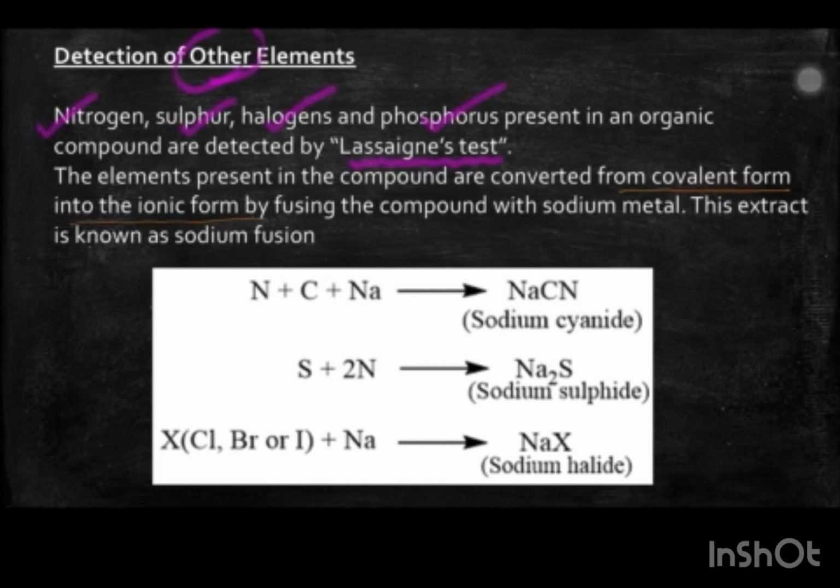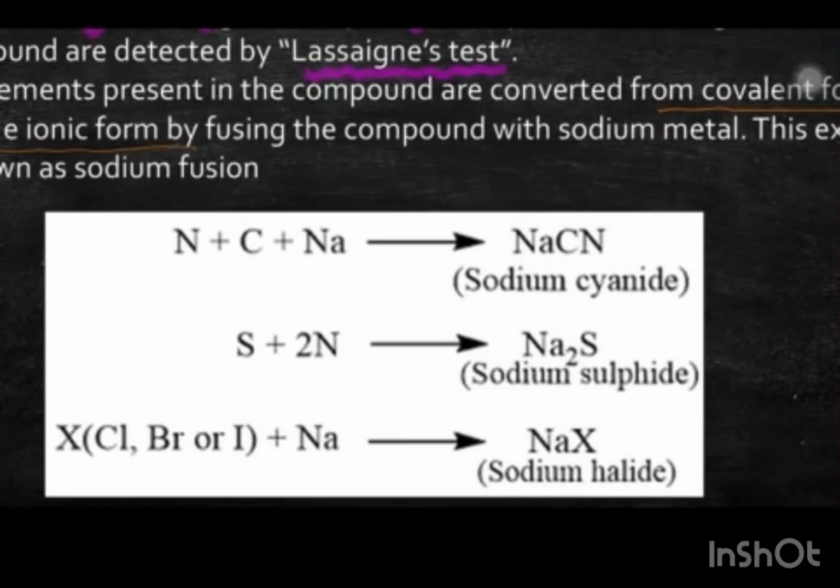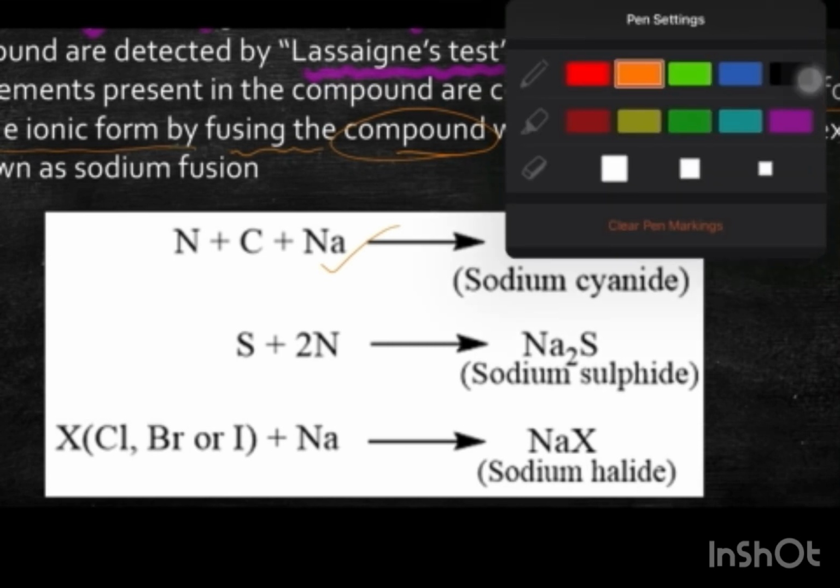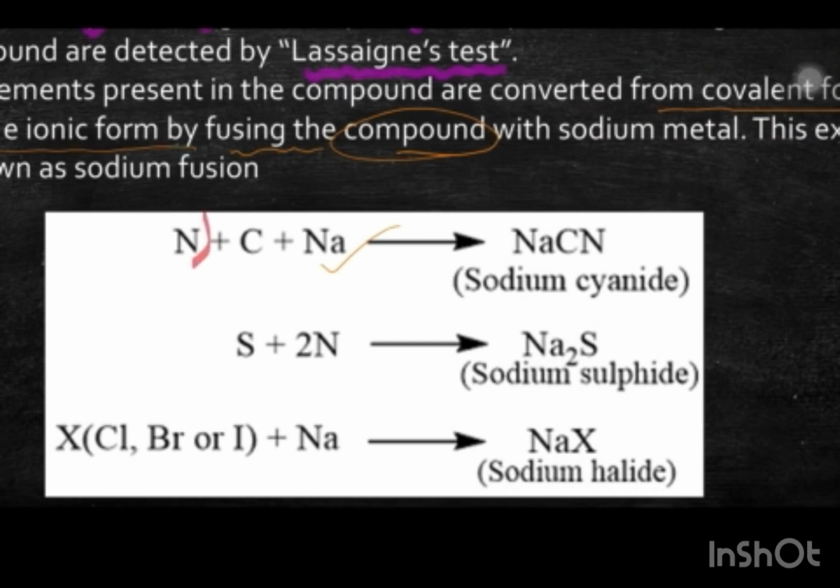And why do we want to do that? Because then the detection becomes very easy, like normal salts that we do in the chemistry lab. So what are we going to do? We are going to fuse the compound, react the organic compound with sodium metal. If nitrogen is present in the organic compound, as you can see here, carbon will be there, obviously.